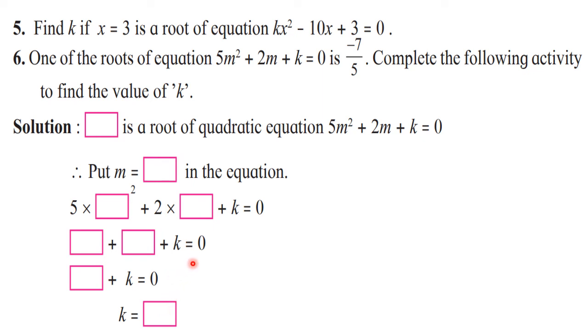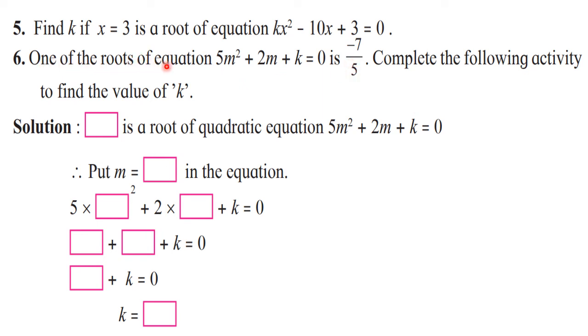correct numbers. So in such questions, the first statement is always from the question. Now here the framing of the statement is different, but it is the same. See, dash is the root of quadratic equation 5m square plus 2m plus k is equal to 0. If you read this question, you will get the answer here only.